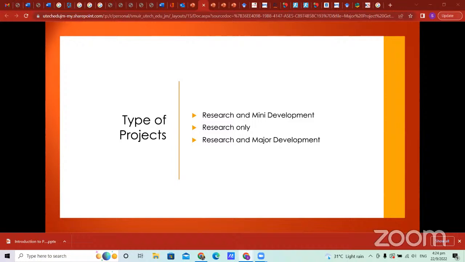Research only project, as its name implies, there is no development. So you would have a research question and you would need to have a robust project that answers that. And certainly at a very minimum, the research only project must employ sophisticated analytical methods.